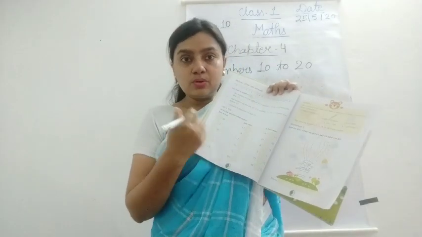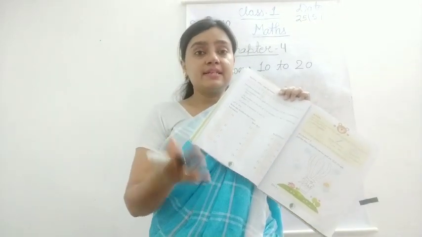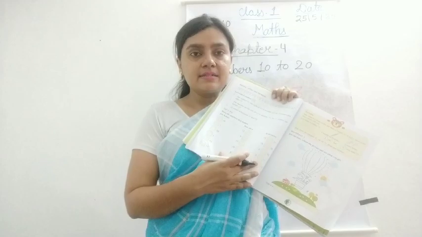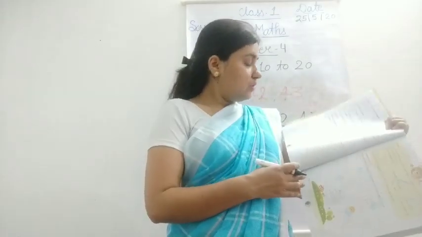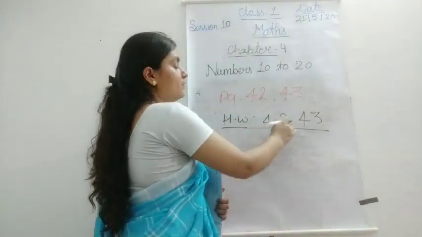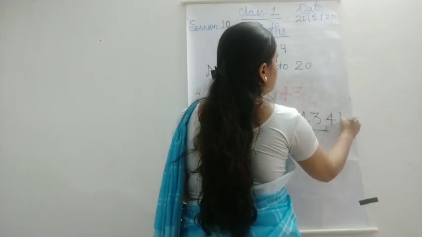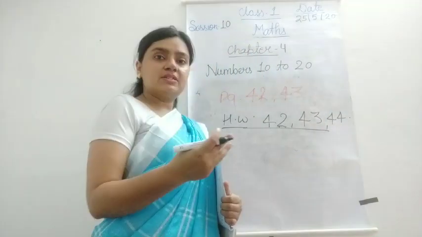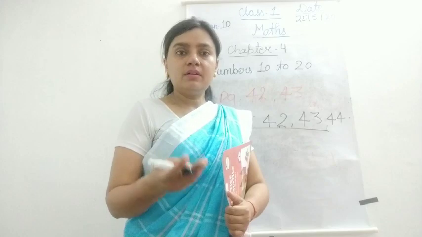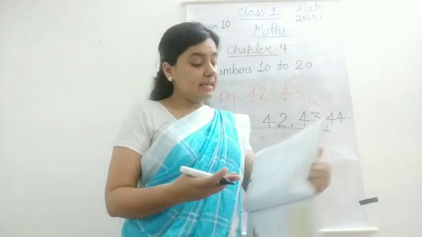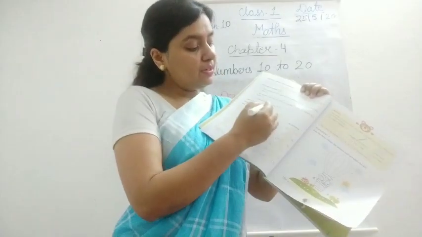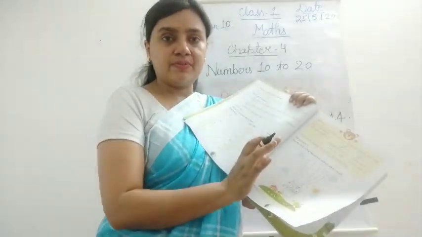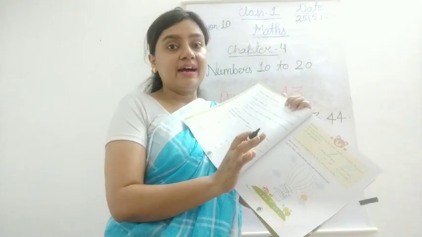So try to do it; in our next session, I will tell you all the answers. So what is your homework? Your homework is page numbers 42, 43 and 44. These 3 pages you have to do: ascending order, descending order, and just before, just after, and in between.